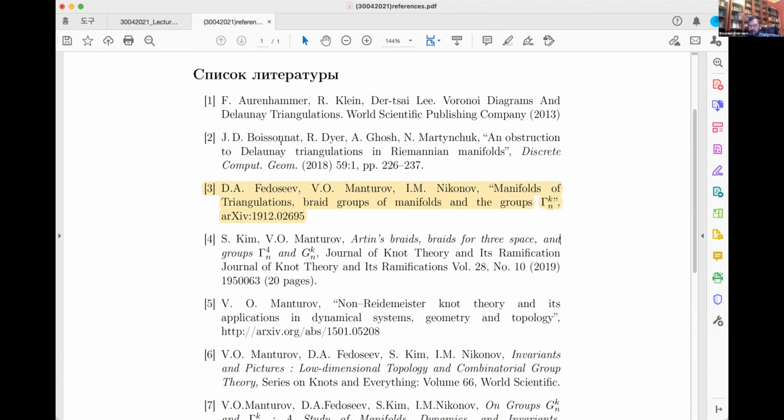We can look at triangulations with respect to a given metric, or just topologically, which can be drawn on some topological manifold, or just combinatorially.